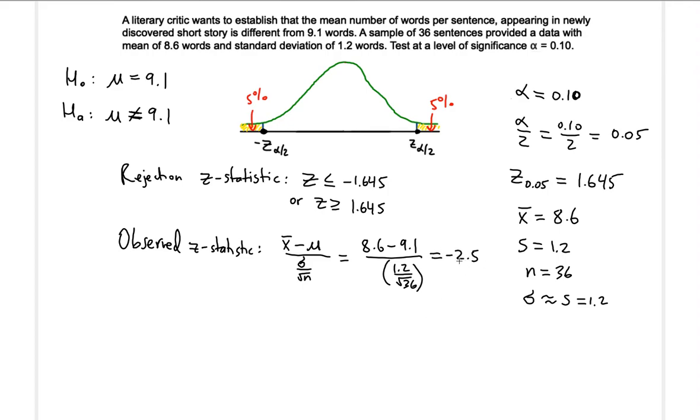So notice negative 2.5 is going to be in the left rejection region. Why is that?